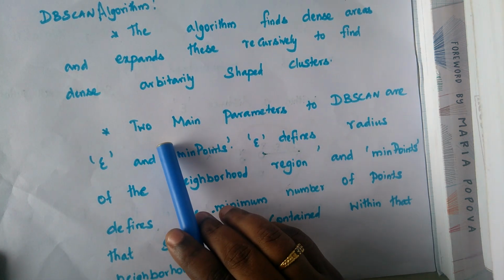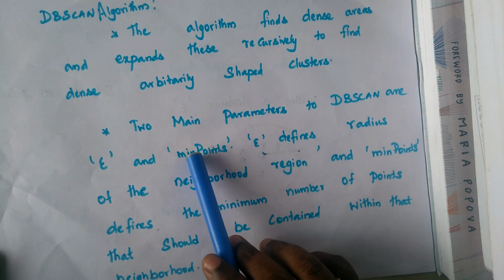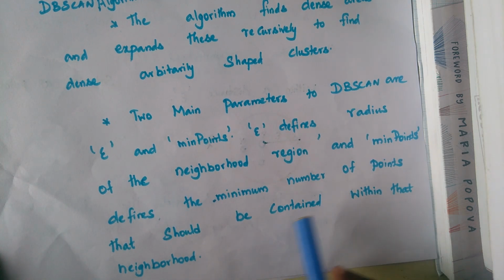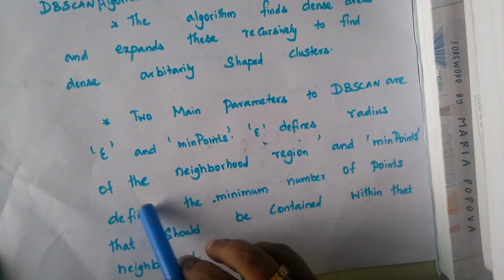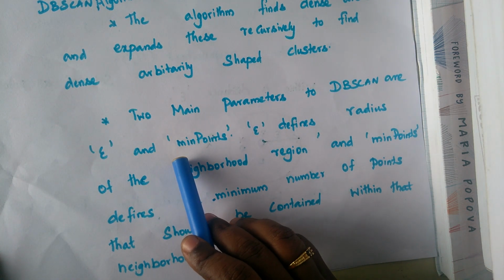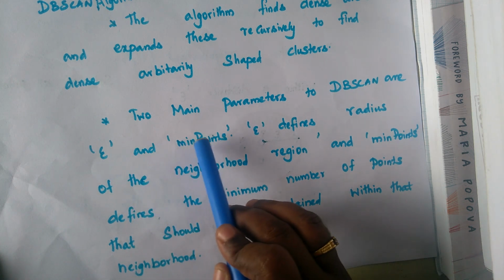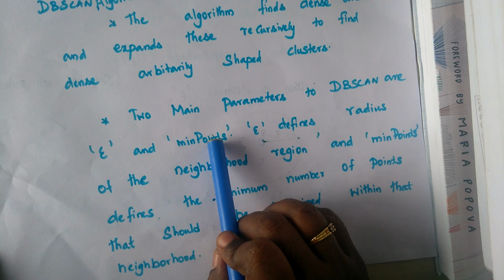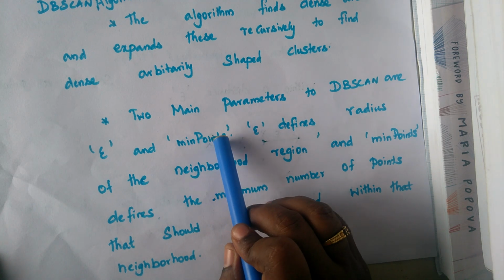That circle is called a neighborhood, and min points defines the minimum number of points that should be contained within that neighborhood, indicating the density required by the algorithm. These two parameters are fixed by the user depending upon the data requirement and the application's demand.